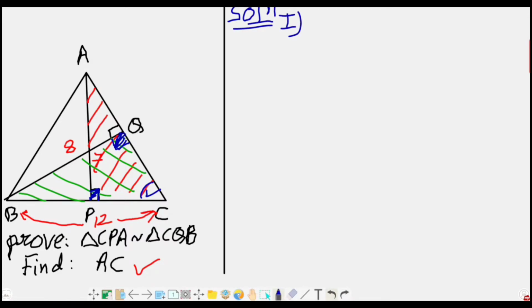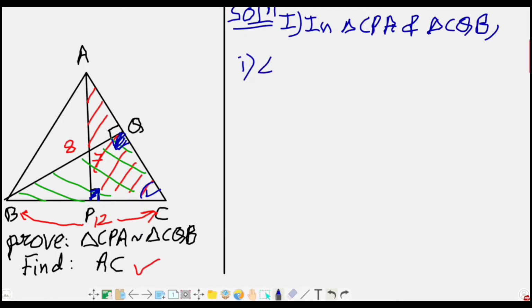Now, in the triangles, the sequence you have to take is whatever they have given. In triangle CPA and triangle CQB, the very first point I can write is that angle APC is congruent to angle BQC.